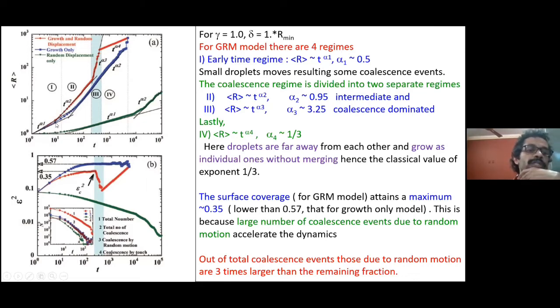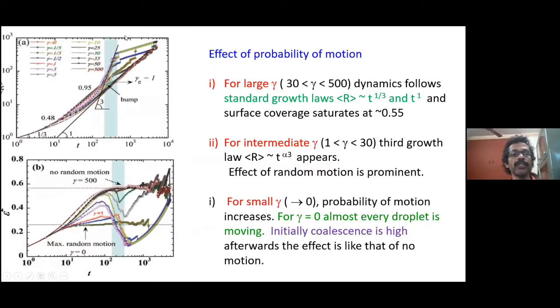Here we have found there are 4 growth regimes. Initially it is T raised to alpha 1, where it is just growing by T raised to half. Then it goes to an intermediate regime, where it is T raised to close to 1, and then it goes to T raised to 3. This was a new kind of emergence of a growth law, not seen earlier. And then eventually it goes to the final one, and that is the classical case.